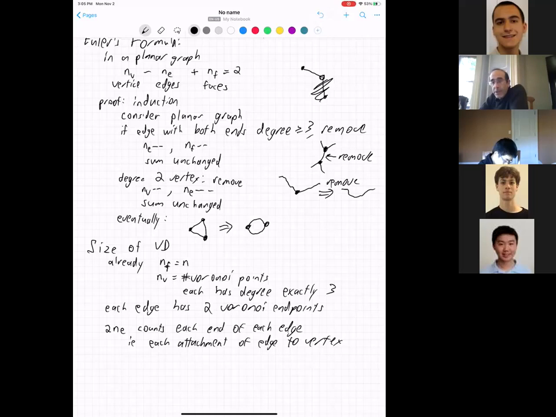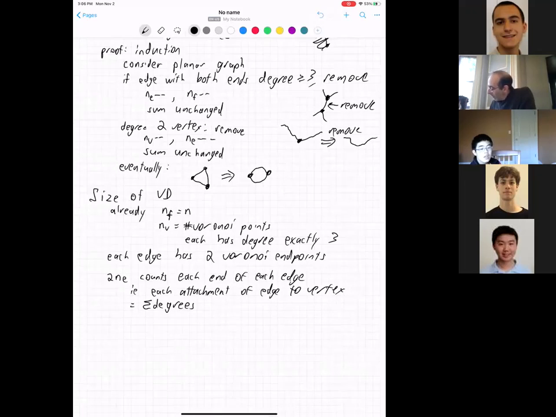But I can count this a different way. If instead of going by edges, I look at each vertex, another way to say this is that it's equal to the sum of the degrees of the Voronoi points. But we already know that every Voronoi point has degree 3.